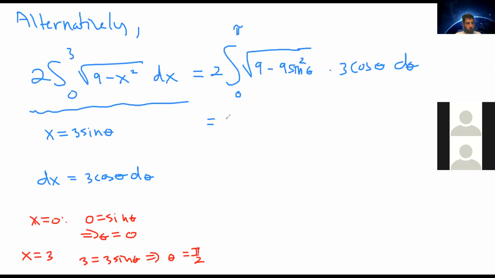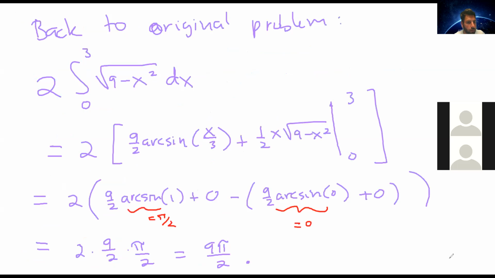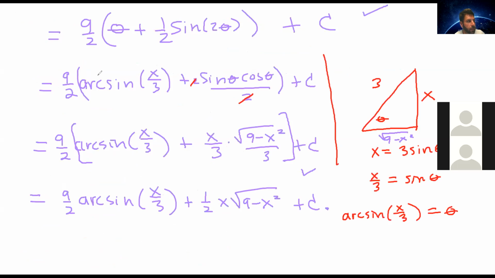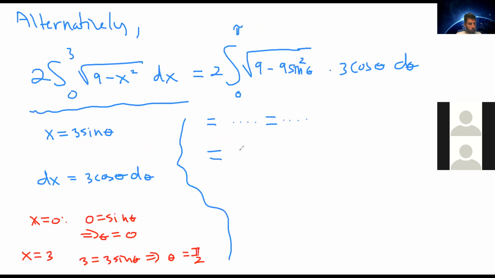And then, of course, if you go through those steps that we did before, what you arrive at is, what? Well, the antiderivative becomes this guy, 9/2, times theta plus 1/2 sine of 2 theta.